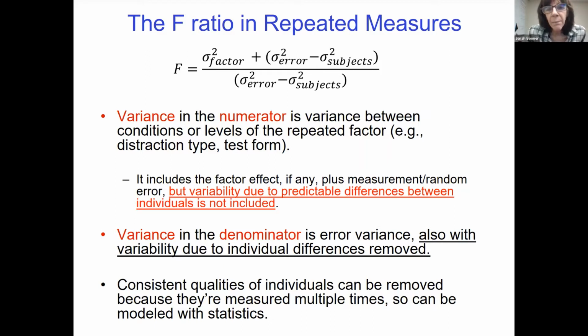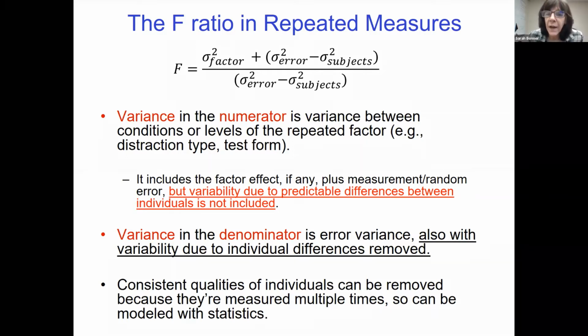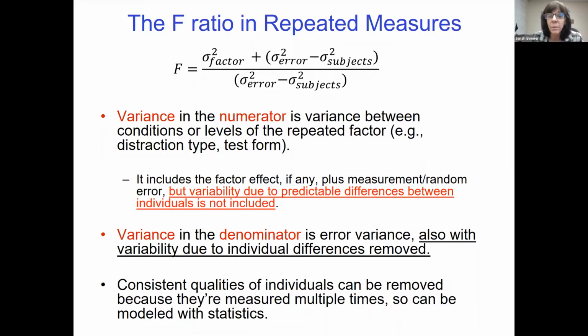It will have an impact. If your variance due to the factor is 0, your F is going to be 1. But as your variance due to the factor increases, the relative impact of the error plus the variance due to subjects in the numerator will be less than it is in the denominator.